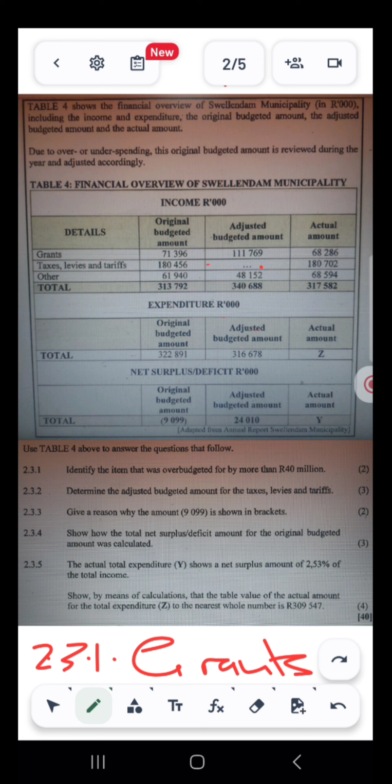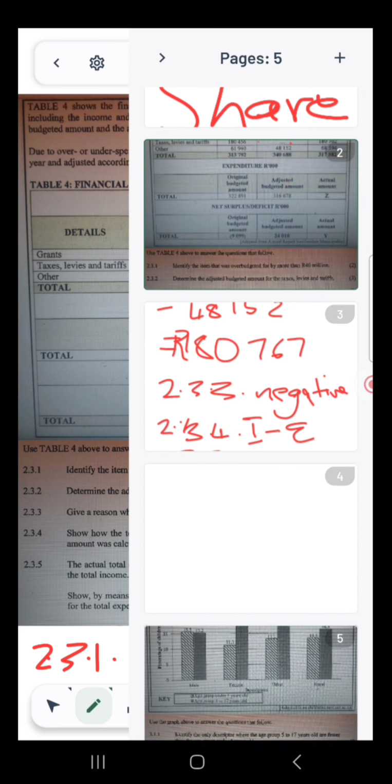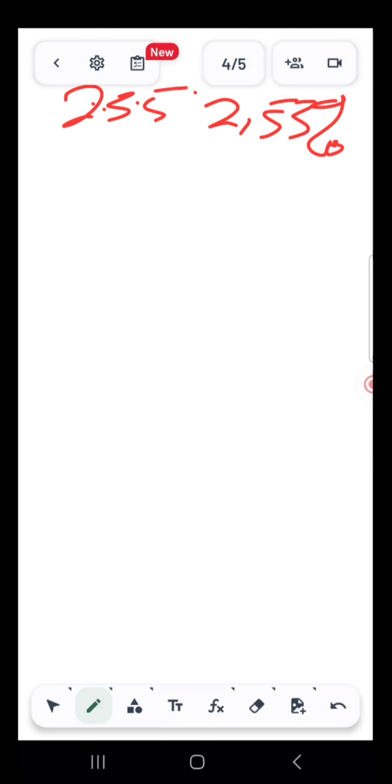Okay. Now this is how we do it, right? You go to the amount you have. This is your total actual amount, right? Your total income, it's the same thing. So ours is simple. From the total income you have 2.53%.